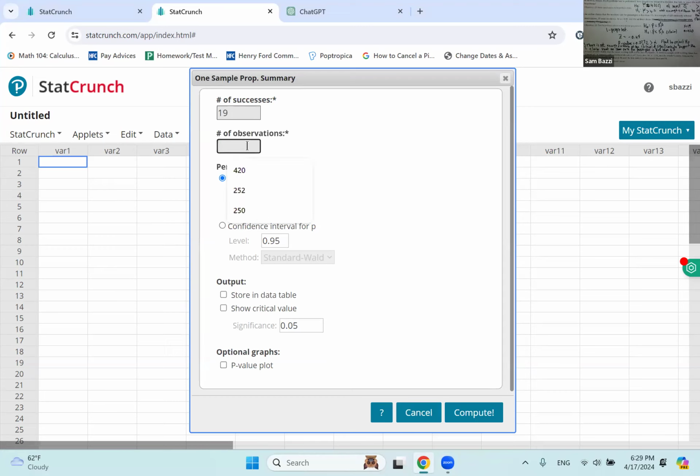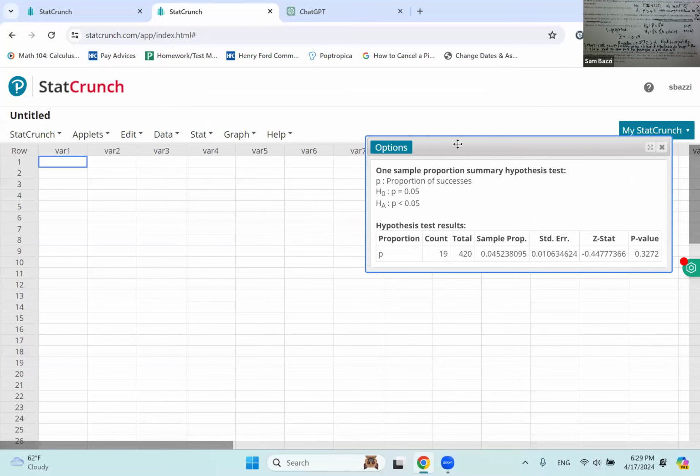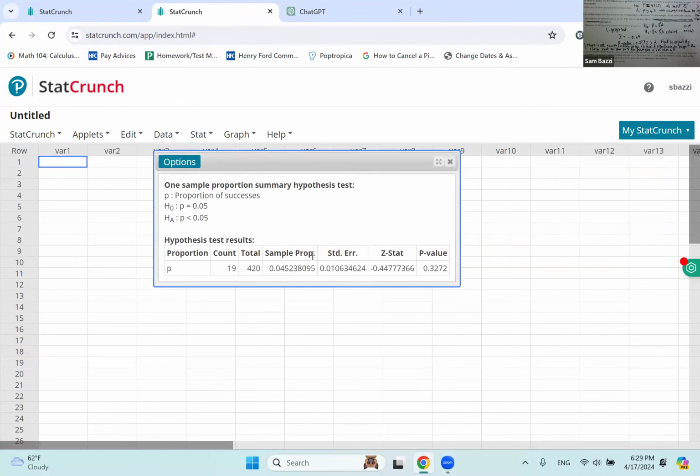Number of observations is 420. Now here we need 0.05. And we need the less than for the alternative hypothesis. And just hit compute, guys, and look. This is the test statistic Z, negative 0.45, and this is the p-value. This is exactly what we got using the calculator. Any questions? Next question.